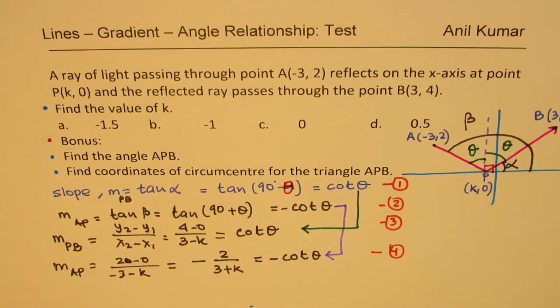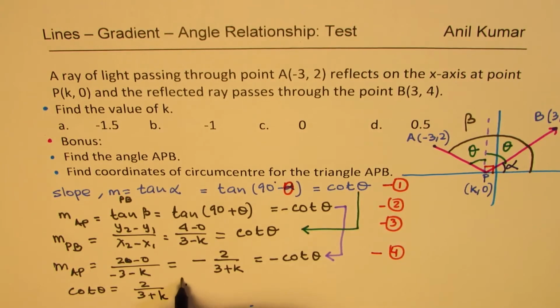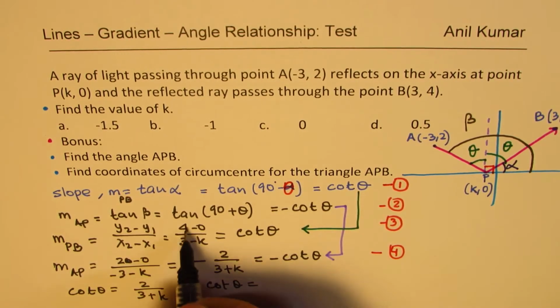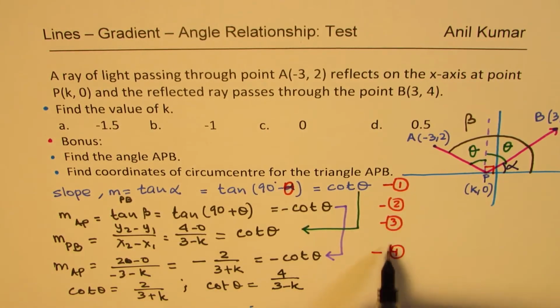So what we get here is basically cotangent theta is 2 over 3 plus k, right? So we get cot theta as equal to 2 over 3 plus k. And we also have cot theta equals 4 over 3 minus k, right? So these are the two equations, 3 and 4.